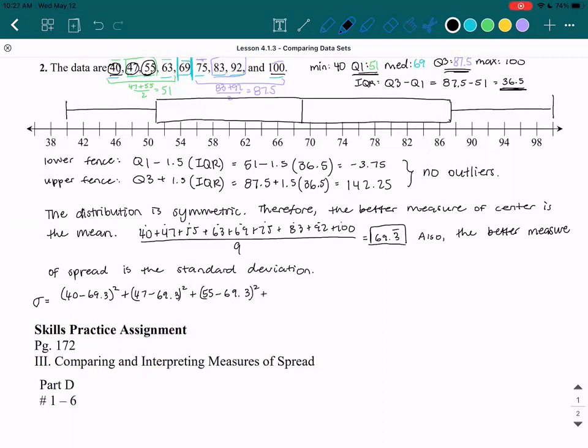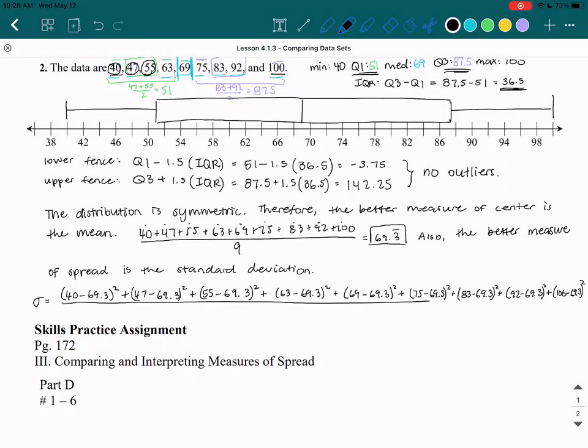Keep doing this, and I'm just going to pause the video. I'm going to write it all out, and then you can double check. Okay, so as you can see, I wrote out literally every single data point minus the mean squared. All divided by how many data points are there? There are 9 data points. So I'm going to divide it all by 9, and finally we're going to square root all of this.